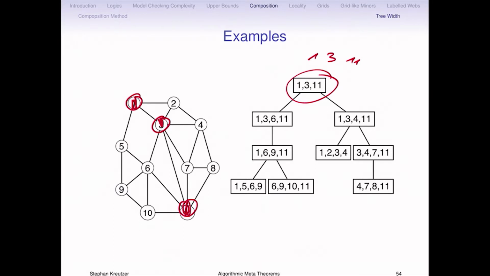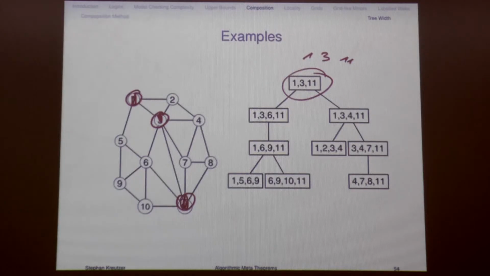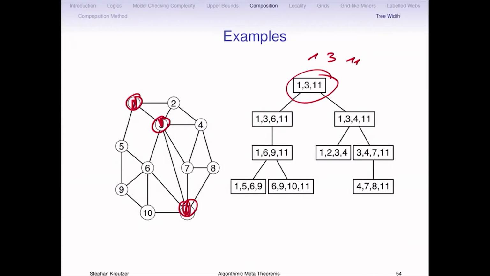What we have left are two components in our graph. One is this, containing 5, 6, 9, and 10. And one is this, 7, 8, 4, and 2. And these are the two components. And if you look at where these vertices appear in the tree decomposition, you will find that all vertices of this component are contained in this subtree. And all of these vertices are contained in this subtree. That's always the case.